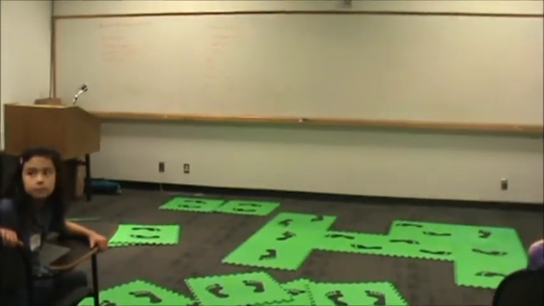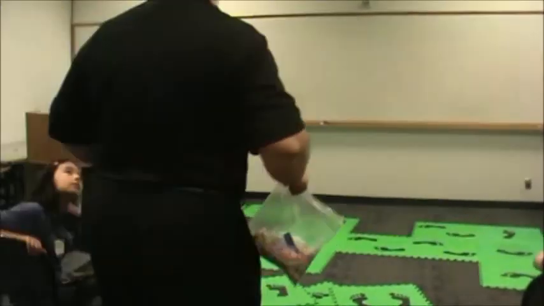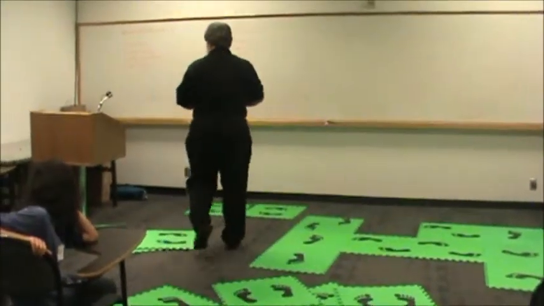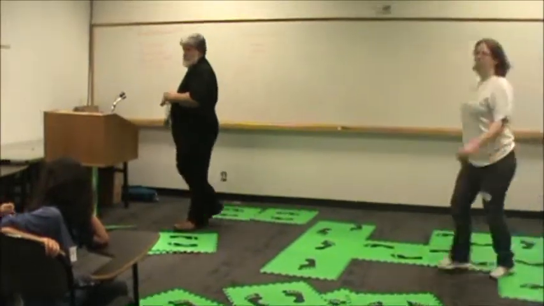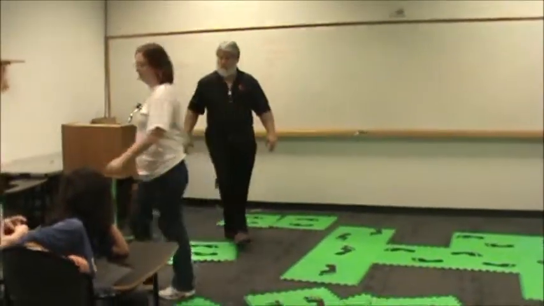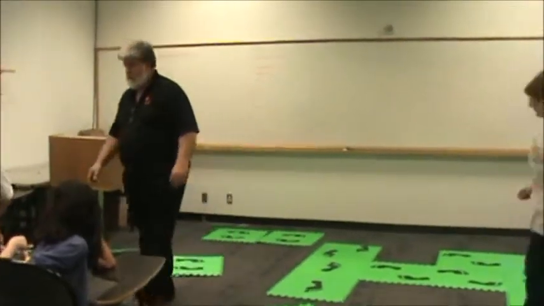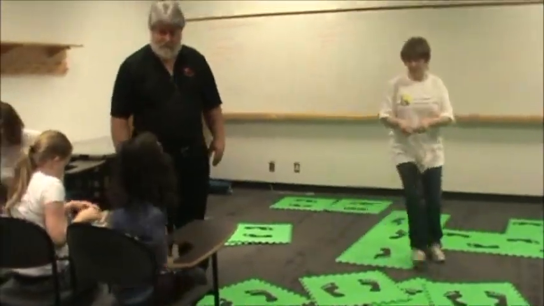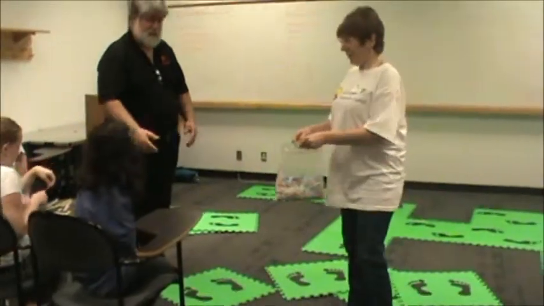Okay, so this is a chatty thing, okay? You can talk to each other about it, you can ask questions, and when you think you have an idea what one is, you can ask me, and we can get it together.